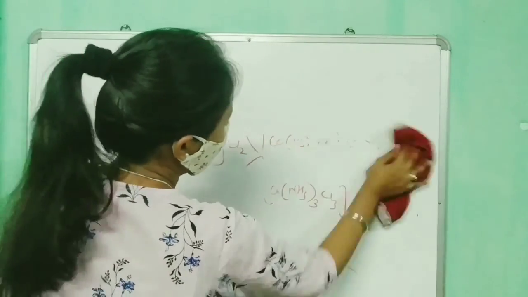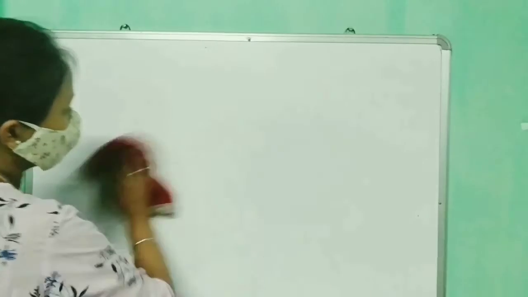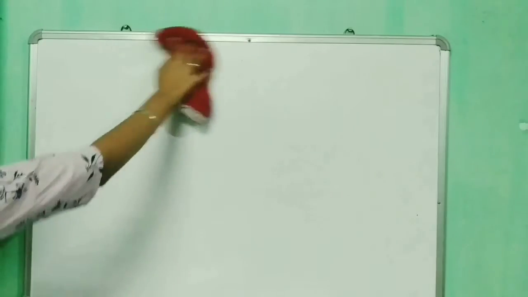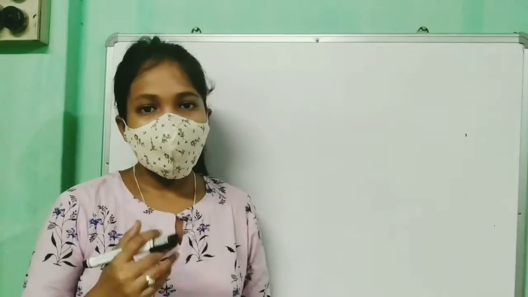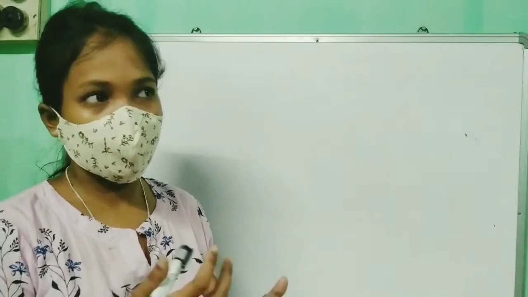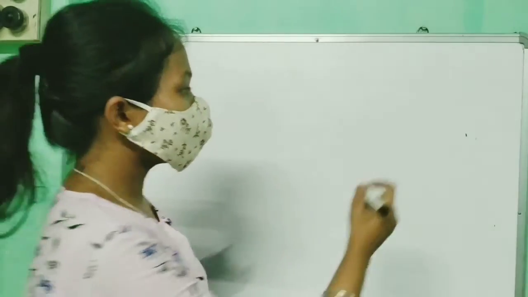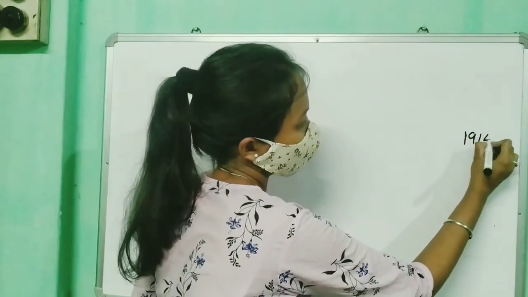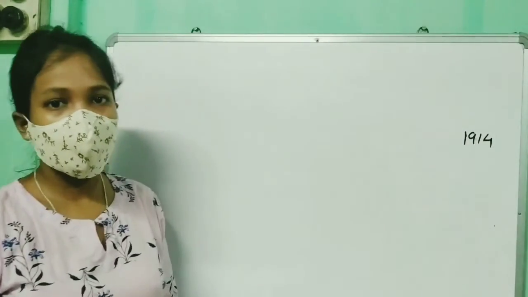Since the board is so short, I have to wrap it multiple times. And since Alfred Werner was the first inorganic chemist to receive the Nobel Prize for his work in 1913, his compound is also very important, right? So in 1914 he reported his first synthetic chiral compound, which did not have carbon in it.